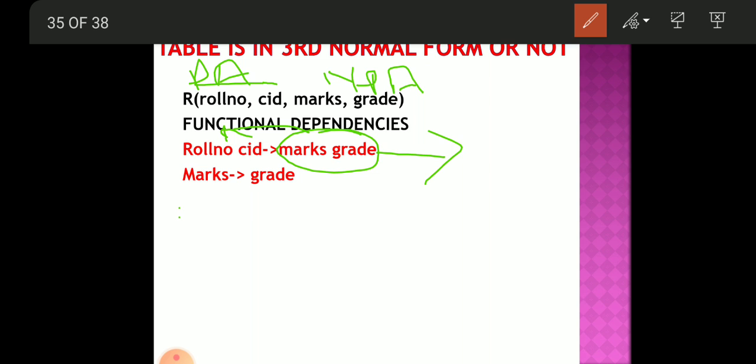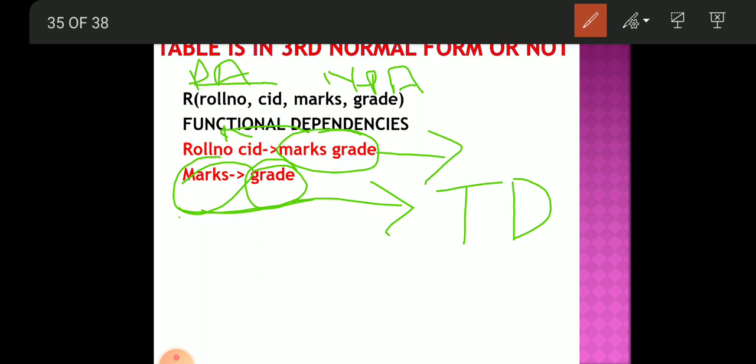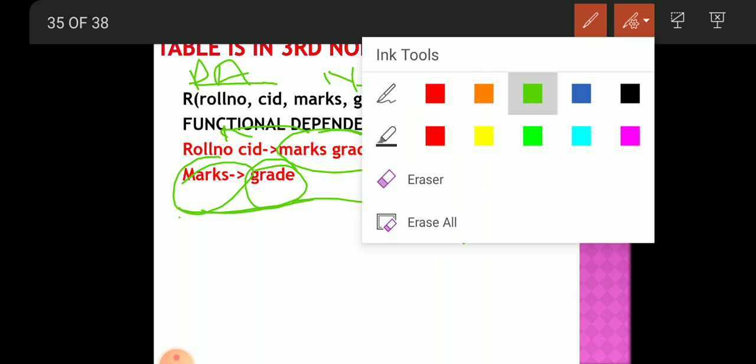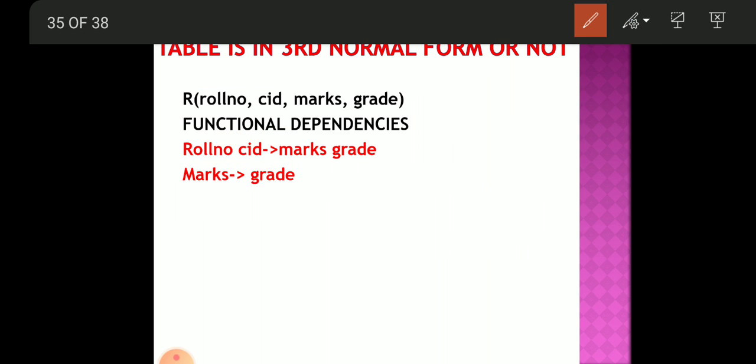For the next functional dependency, grade is a non-prime attribute which is derived from another non-prime attribute, and this is the condition of transitive dependency. So in this functional dependency, transitive dependency exists. So we can say that the given relation is not in third normal form. That's it. Thank you.